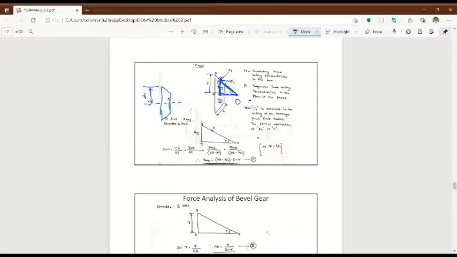Okay, and this distance is called minimum radius, R minimum. But I need this distance, and that distance is called R average.